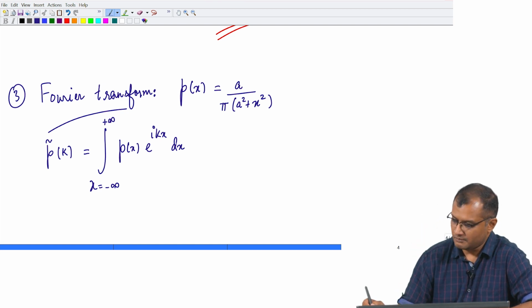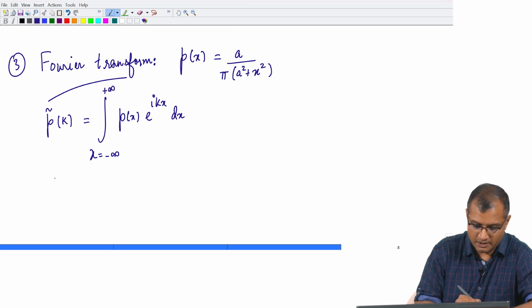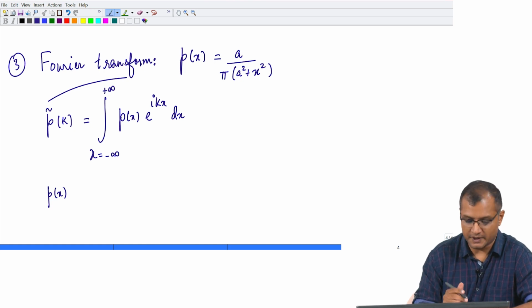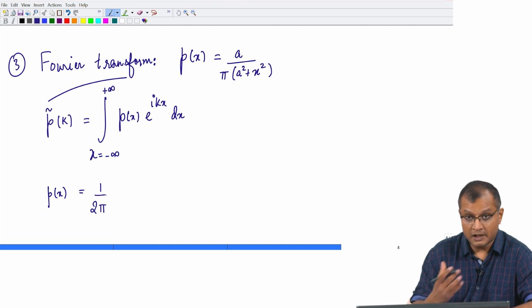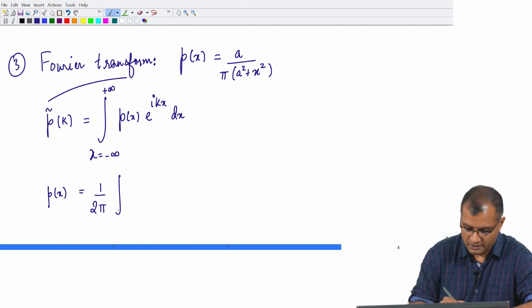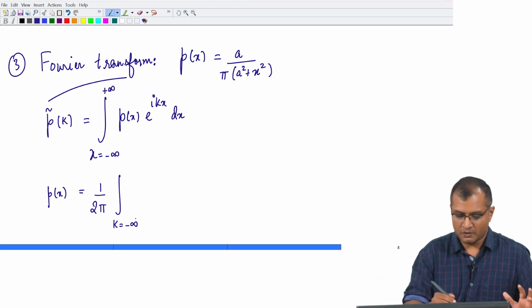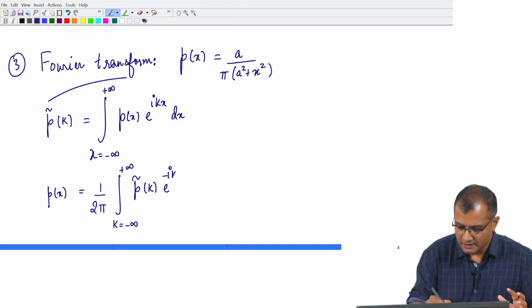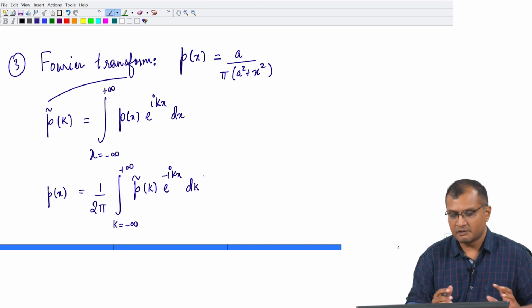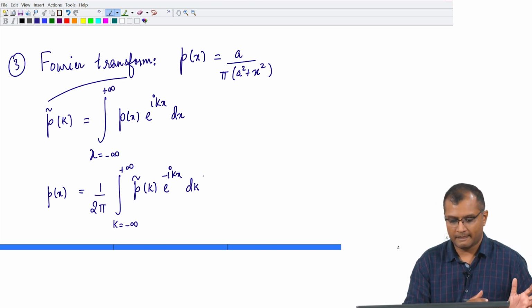The inverse transform would mean that I will get my function at one value of the direct space by simply taking an inverse Fourier transform. That means my Fourier amplitudes have to be known everywhere in the k space. If I know the Fourier amplitudes everywhere in the k space, then I can compute the inverse Fourier transform and recover the function.